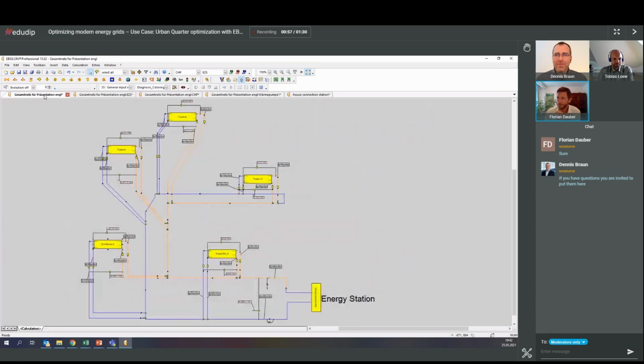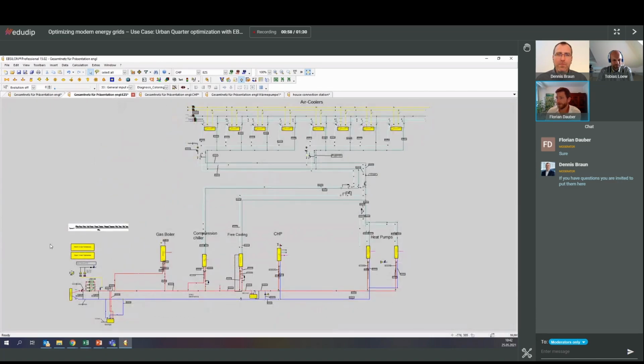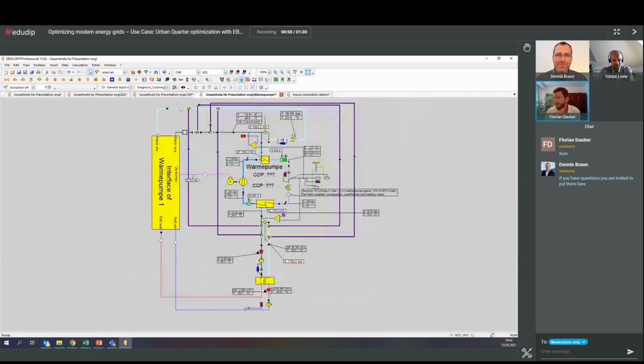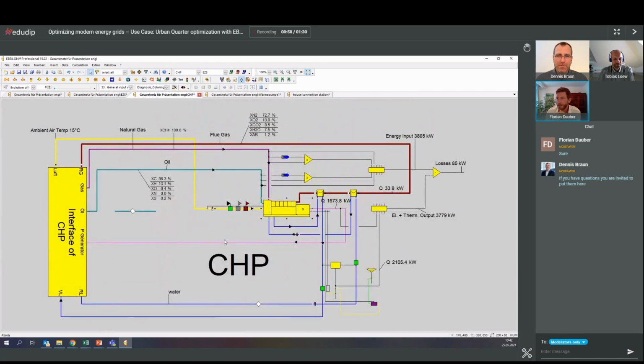For example, this was the grid of my urban quarter solutions. And if I click into the energy station, you see all those different energy producers. And even there you can go into detail and see what the heat pump looks like, what my combined heat and power looks like.